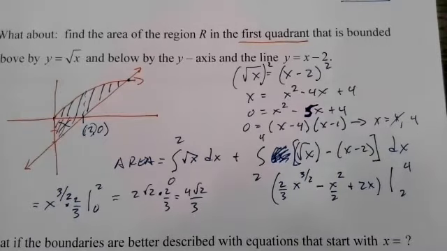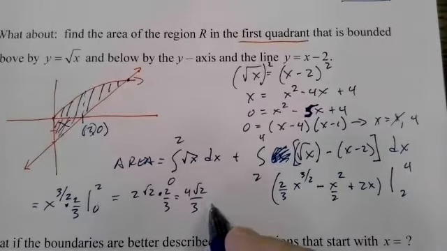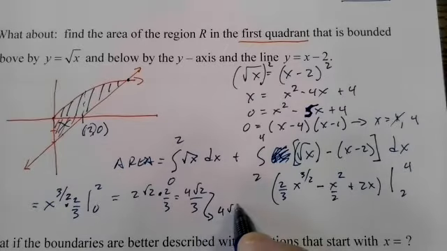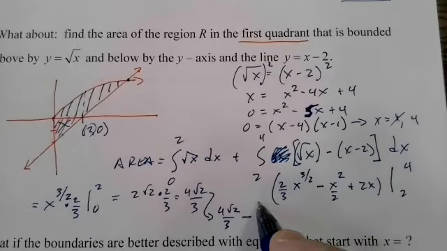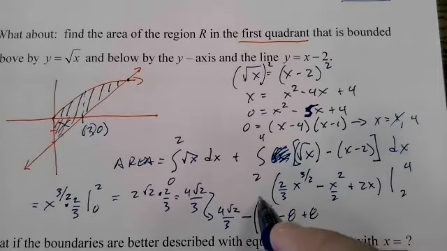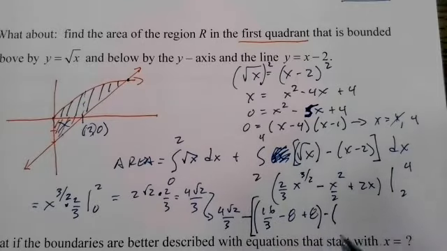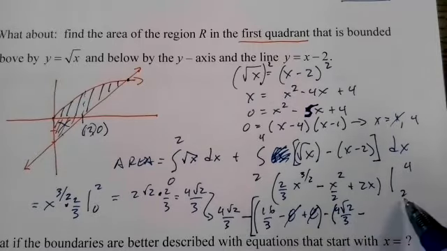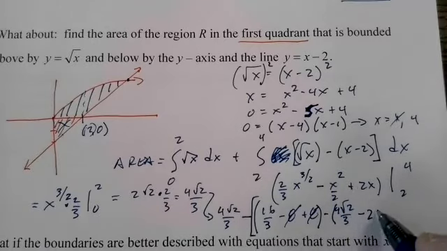Let's put it all together. We get this value here, 4√2/3, minus everything here. Plug in 4, square root of 4 is 2, to 8, 16/3, minus 8 plus 8, minus, plug in 2. 4√2/3, that looks familiar, minus 2 squared is 4, over 2 is 2, plus 4.